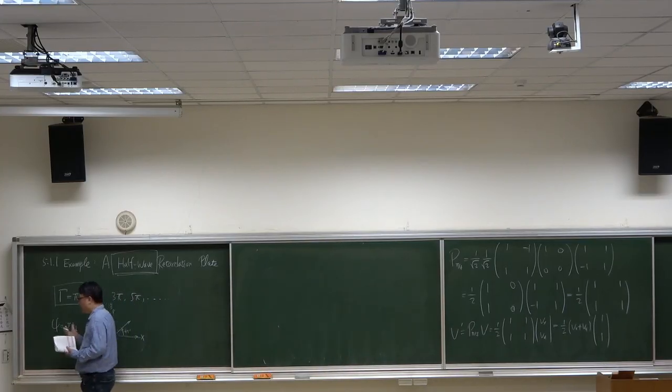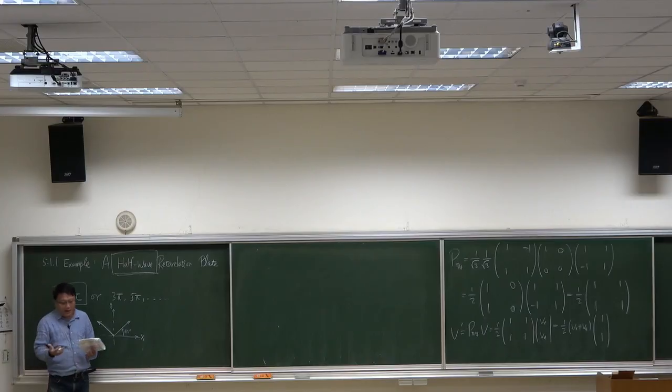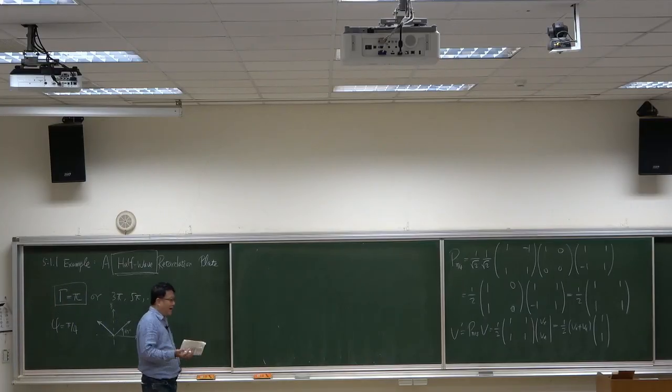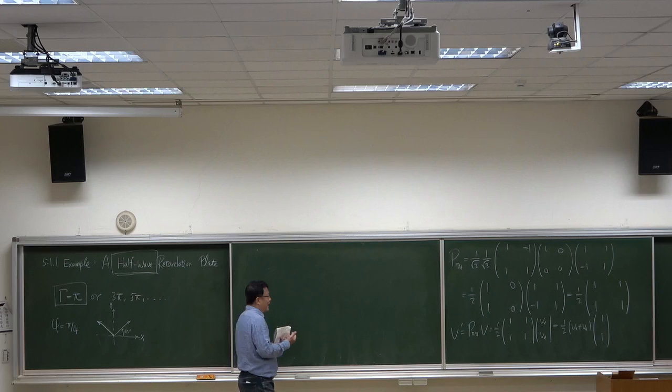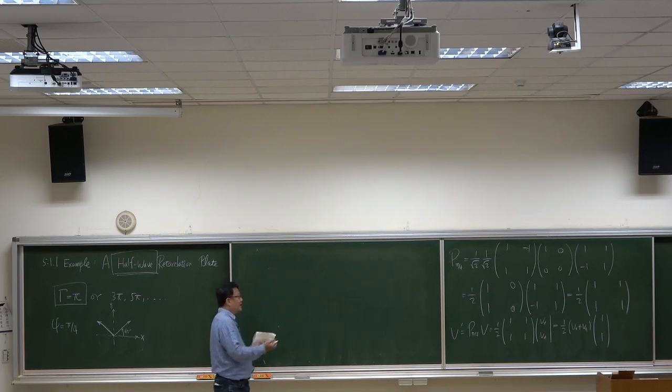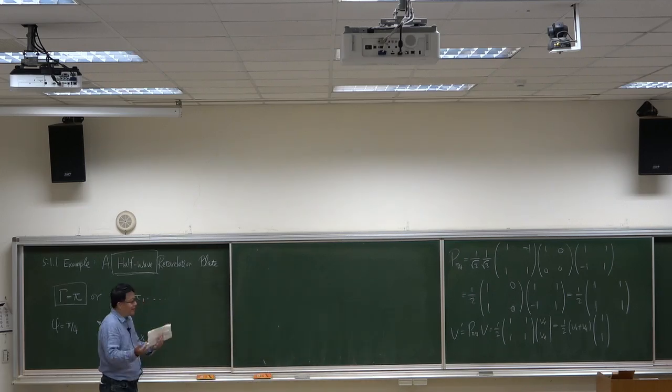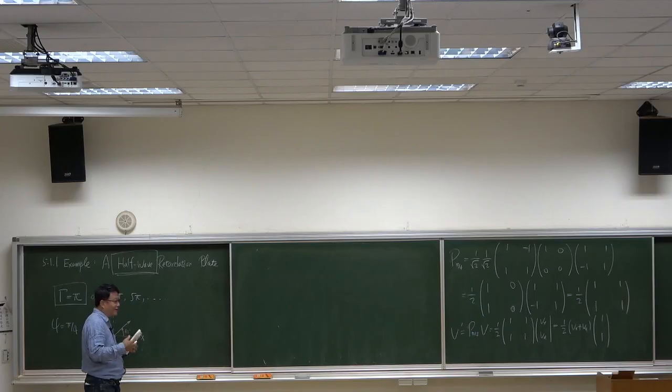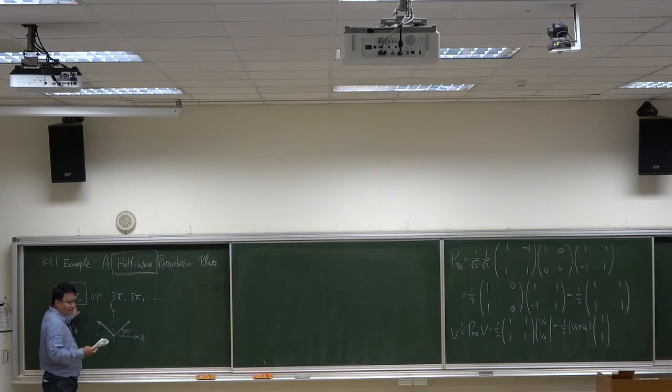If we know ns and nf, and we know omega, the frequency or the wavelength of the light, then we can choose the correct thickness of the wave plate so that we get gamma equal to pi.